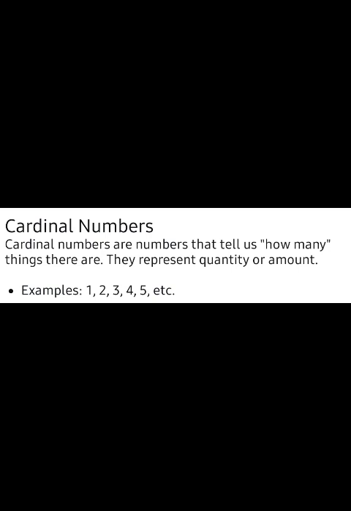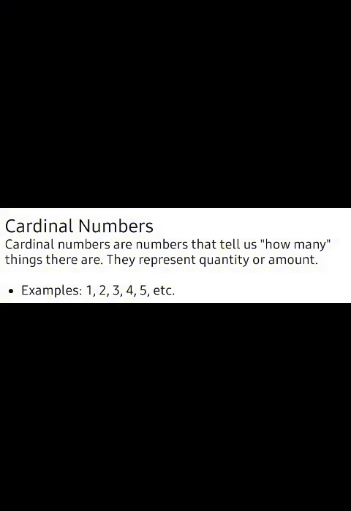Well, cardinal numbers are numbers that tell us the quantity or amount of something that we have. They tell us how many things we have. For example, 1, 2, 3, 4, 5, 6, 100, 200, 1 million.